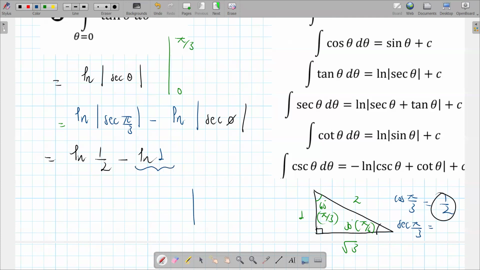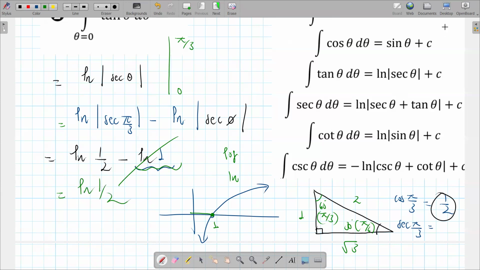Ln of 1 is special because ln functions and log functions always go through the x value of 1. So when the x value is 1, what's the y value? 0. So this entire thing is 0. The final answer here is ln of 2.